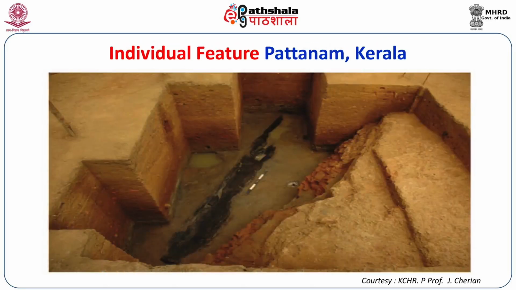Here what you see is a wharf of the early historic period, datable to the 1st century BC or CE. Here you have an artificially built wharf and a canoe made of a single log of wood. This is another important individual feature. The people who lived at the site of Pattanam in Kerala in the early historic period had made a wharf for the landing of various boats from the coastal region as well as from the backwaters.